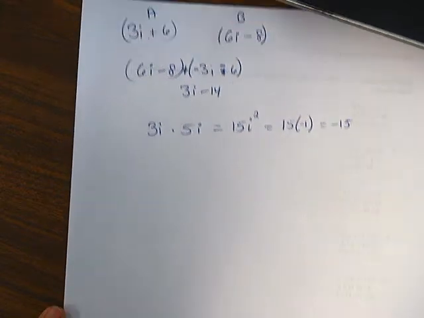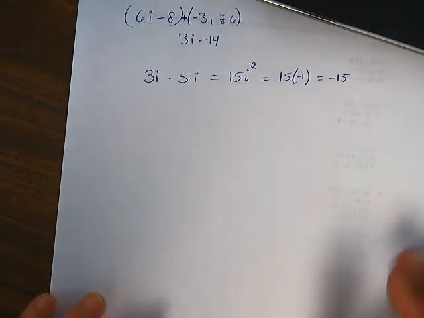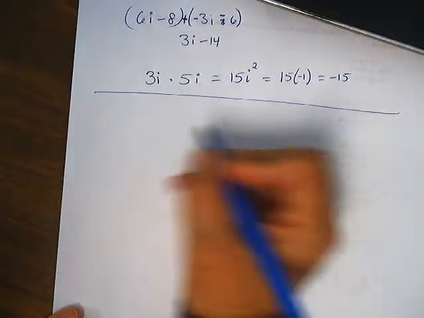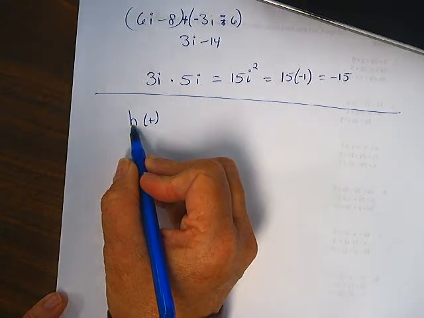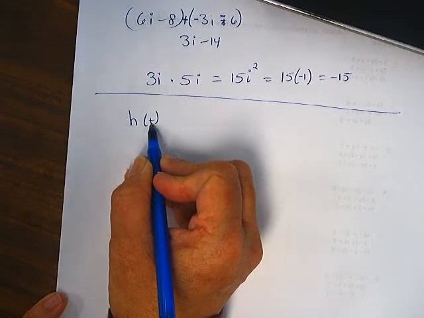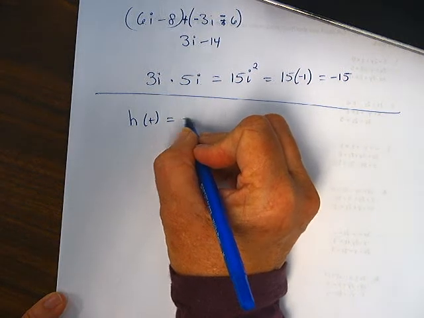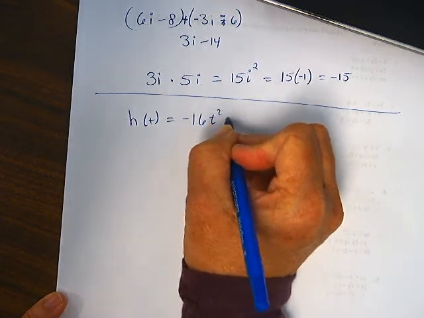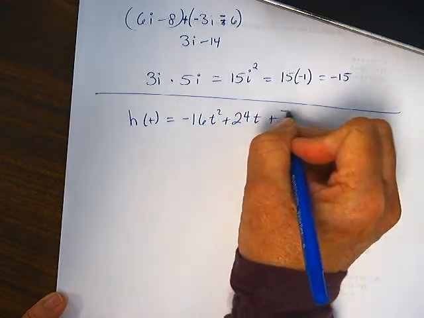Okay, real quick then, a couple of word problems. If I told you we had a function, and we'll call it h of t, so h is modeling the height of something over time, and this equals, let's use the function negative 16t squared plus 24t plus 7.